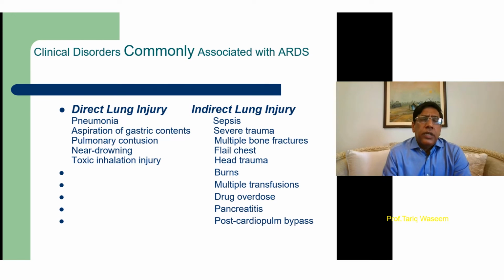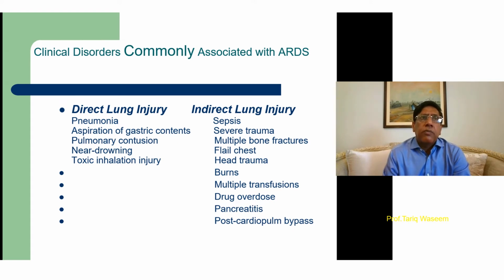Now, as we said, this hypoxemia or dyspnea of rapid onset can be because of insult to the lung directly, or it can be indirect lung injury as a result of systemic inflammatory response syndrome. Direct lung injury: you can yourself understand that pneumonia can get complicated into ARDS. If you aspirate and your acid goes into the respiratory circuit, it would initiate an inflammatory response, and you may develop this insult leading on to ARDS.